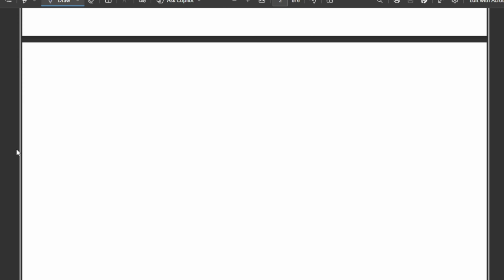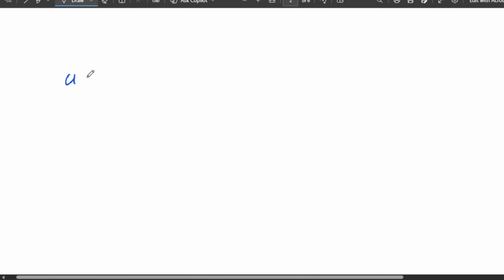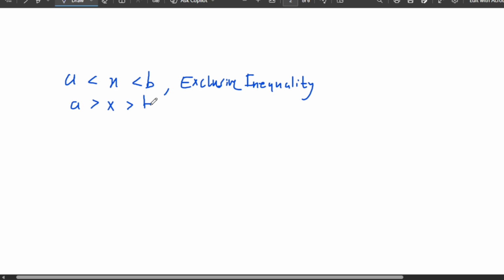So, as you remember, if we have a is less than x and x is less than b, this is an exclusive inequality, as well as if you put a is greater than x is greater than b.